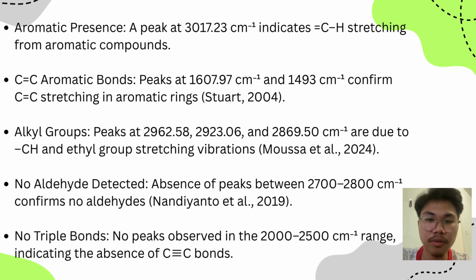This supports the previous observation by Nadianto et al. 2019. There are also no peaks observed in the region of 2000 to 2500, which confirms there are no carbon-carbon triple bond present in the fuel.